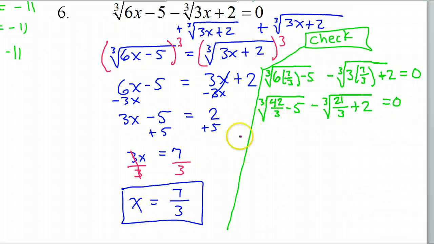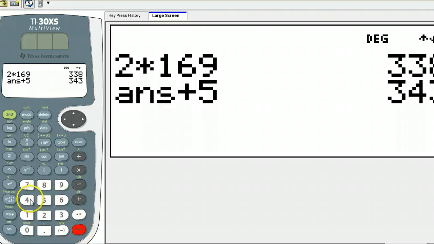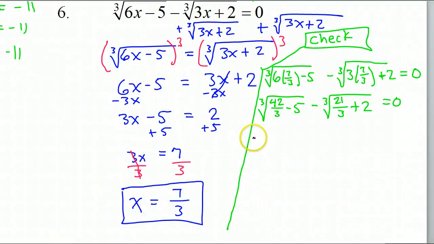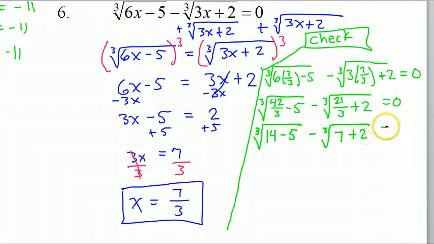Now 42 divided by 3 is 14. So we have the cube root of 14 minus 5, minus, of course 21 divided by 3 is 7, so the cube root of 7 plus 2.